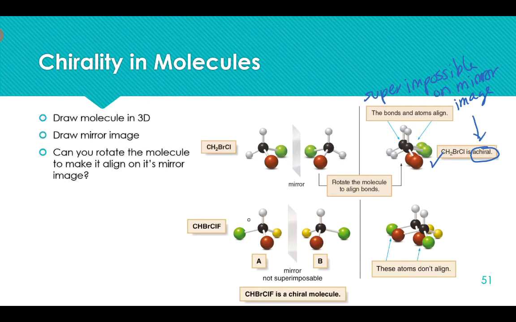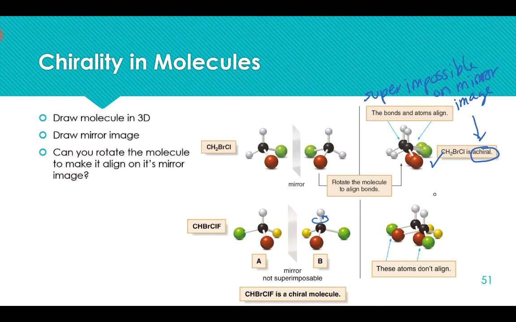On the other hand, this molecule has 3 different halogens and a hydrogen. And so if I take the mirror image of that, you can see its reflection in this molecule. And now if I try to spin this molecule around so that the yellow is aligned over here, then the green and the red are not going to align with one another.